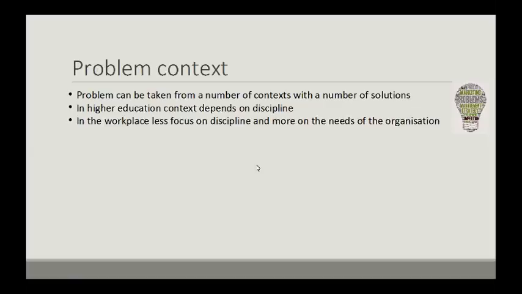In the workplace, however, there is less focus on the context of the problem from a discipline perspective and more about the problem from the context of the organisation and what approach best suits the needs of the organisation. Hong suggests that when designing problems for a curriculum that is not profession specific, the instructional designers can identify several possible applicable contexts and then select the one that will be most appealing to the learners.